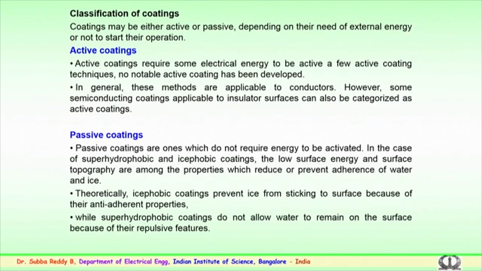A few active coating techniques are being employed. In general, these methods are applicable to conductors. However, some semiconducting coatings are also being used for insulator surfaces and can also be categorized as active coatings. So, presently these coatings are being used for conductors and also for insulators.